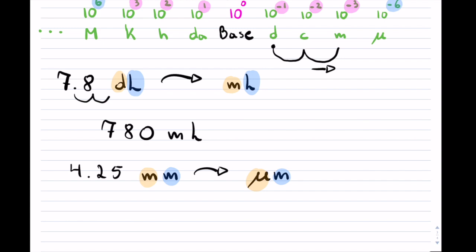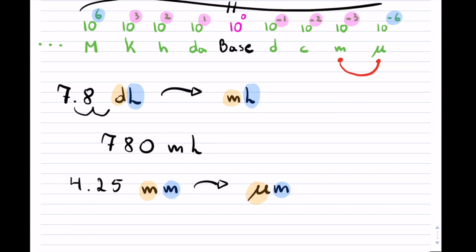So on our little chart, what we have is, well, milli is right here and micro is right there. So it looks to us like it's one jump, which was the case for all the other examples. However, notice that in this case, that one jump is actually 3, because the power has changed from -3 to -6.